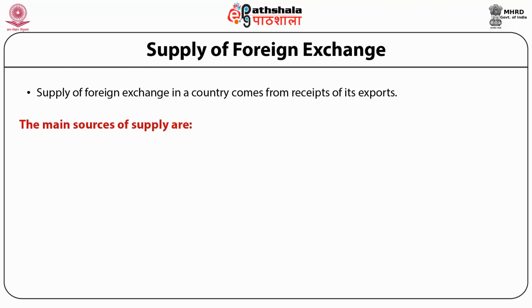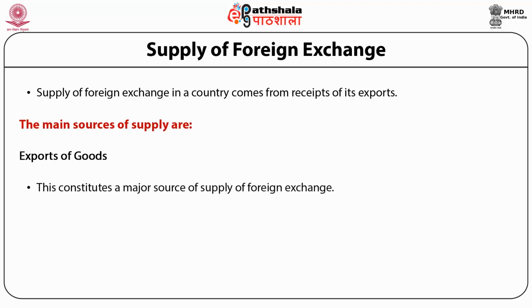The main source of supply is exports of goods, which constitute a major source of supply of foreign exchange in a country. Both size and price of exports depend upon the elasticity of demand of goods. In India, manufactured items occupy the top positions in exports.